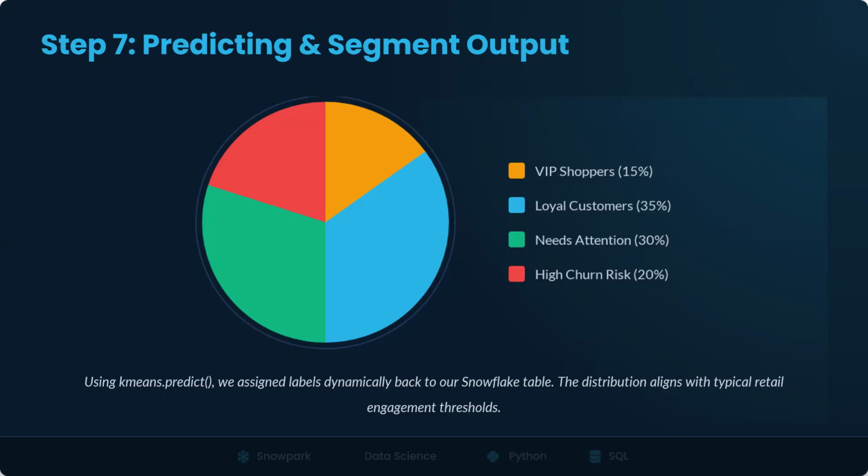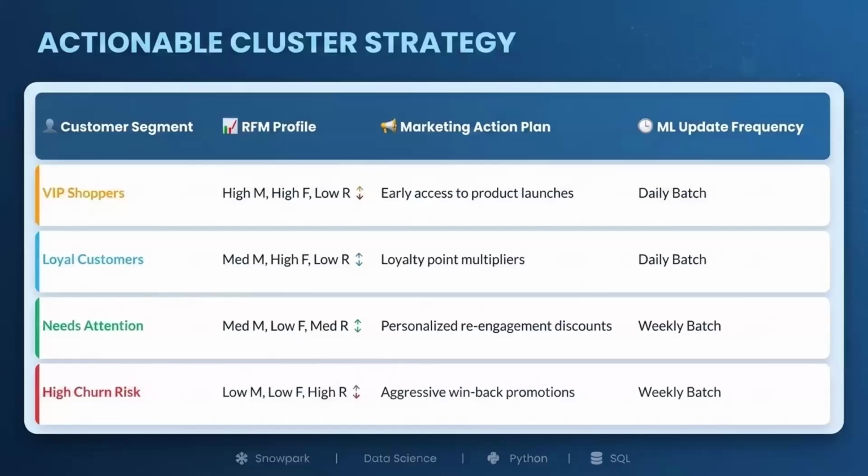Loyal customers are very loyal; they regularly use the services and buy new products, so we need to target them too. And coming to the need attention group, these are all groups. This is how you can see VIP shoppers here. After you have created the groups, what is the action plan we have to take?